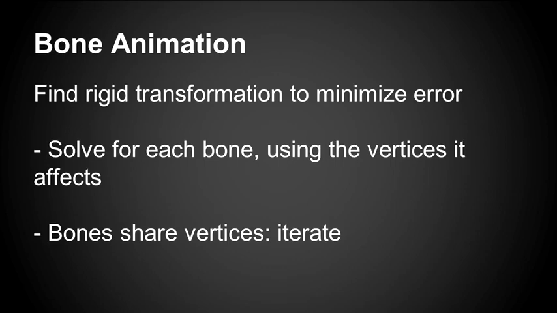The simplest way to do that, and the way we actually use in Digital Ira, is to solve this separately for each bone using the vertices that they affect. But then a problem arises because some vertices are of course shared among multiple bones. If you really want to solve each bone separately, which is a much simpler problem, you just have to iterate a couple of times.